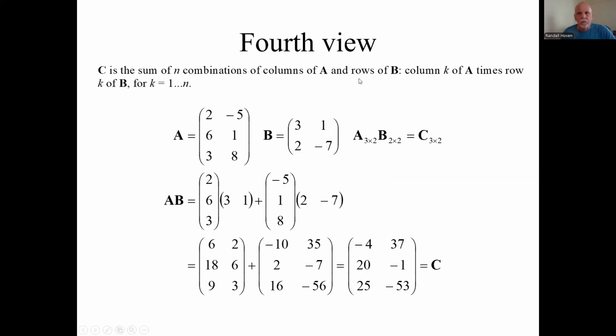Fourth view. It's a sum of a bunch of full-size matrices. Here I've got a 3 by 2 and a 2 by 2. I'll end up with a 3 by 2.